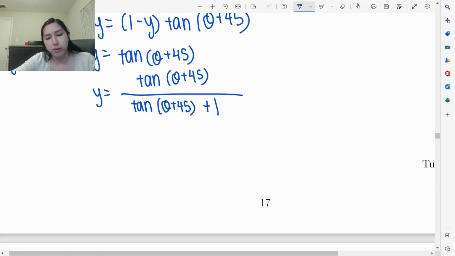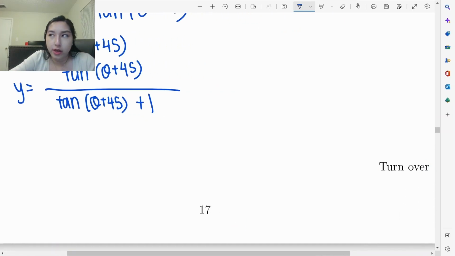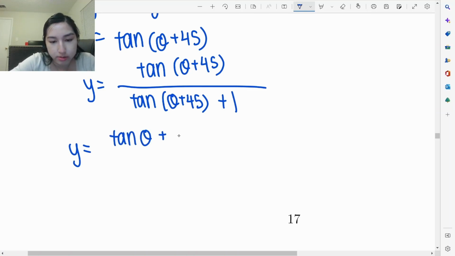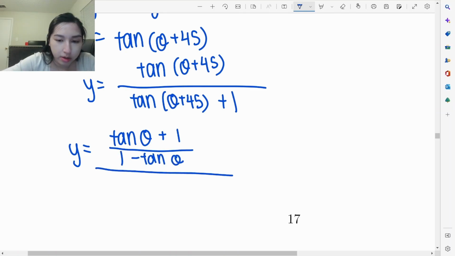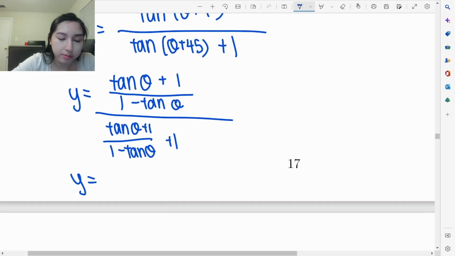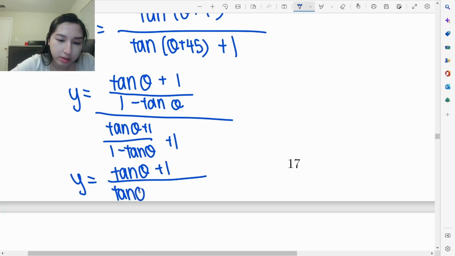And I'm pretty sure they probably don't want the tangent of theta plus 45. Using the sum formula, y equals tangent theta plus 1 over 1 minus tangent theta, over the same thing, tangent theta plus 1 over 1 minus tangent theta plus 1. Get rid of all that 1 minus tangent.